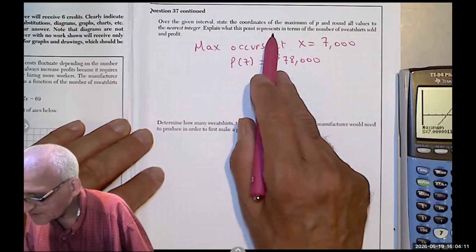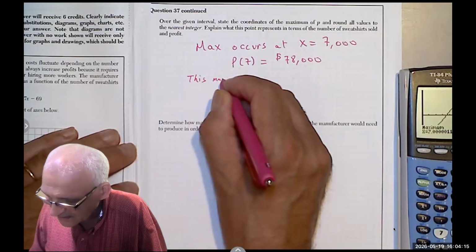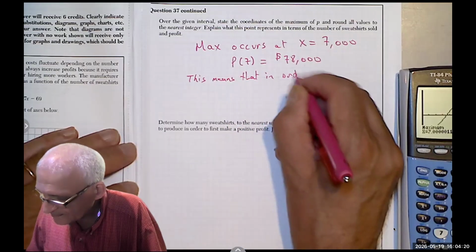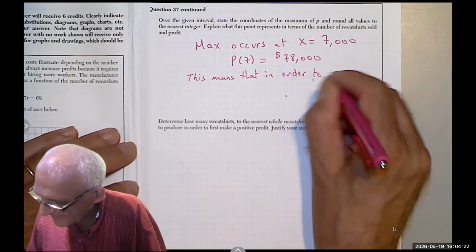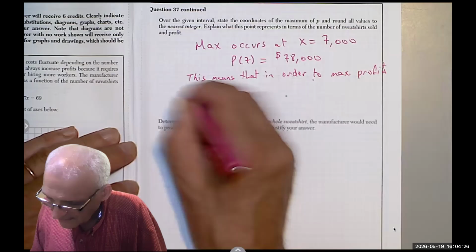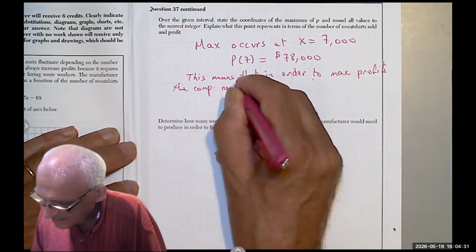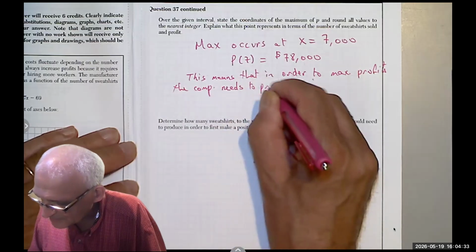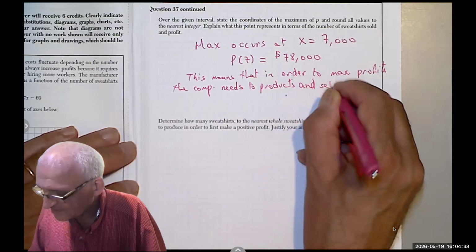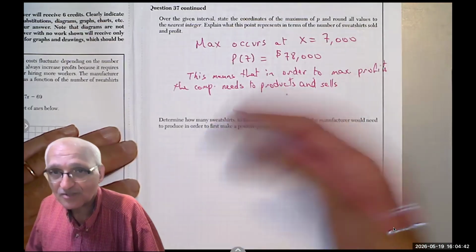Explain what this point represents. This means that in order to maximize profits, the company needs to produce and sell, make sure that they sell them, because if they don't sell them, of course, that would be inventory and it's not a profit, right?